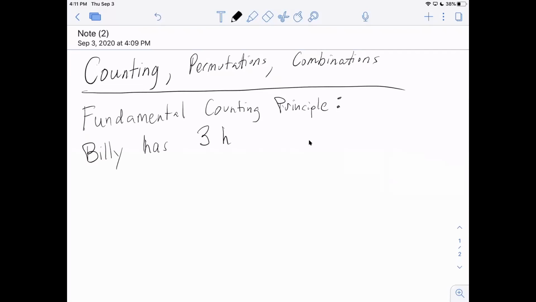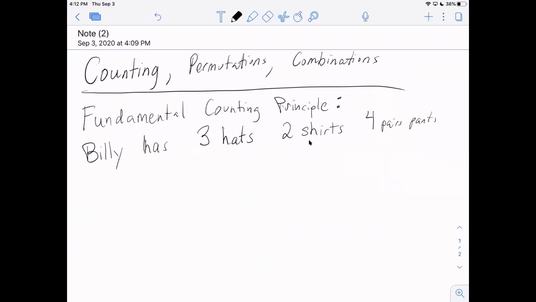3 hats, 3 different colored hats, 2 shirts, and let's say 4 pairs of pants. The hats and the shirts and the pants are all different colors, or all distinguishable.